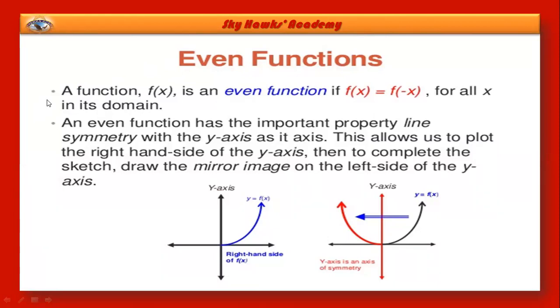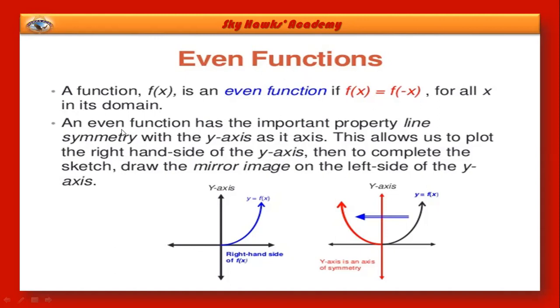Okay, so it's very simple: if algebraically you are asked to find whether the function is even or odd, then if for every value and its equivalent negative value the function is the same, and doesn't change its value or its behavior, then we can say it's an even function.